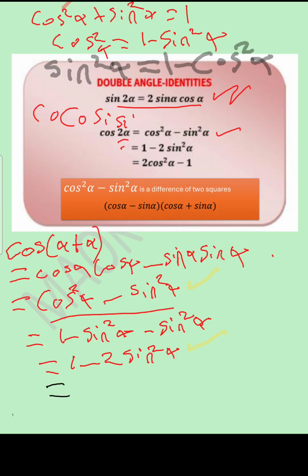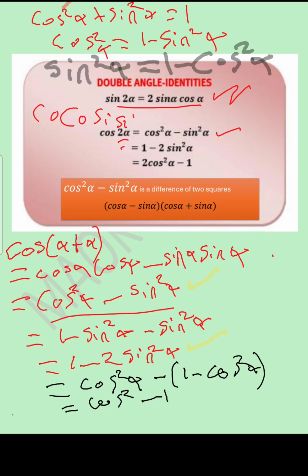So this will be cos squared minus 1 minus cos squared alpha. Then multiply into the brackets, you have cos squared minus 1 plus cos squared alpha.